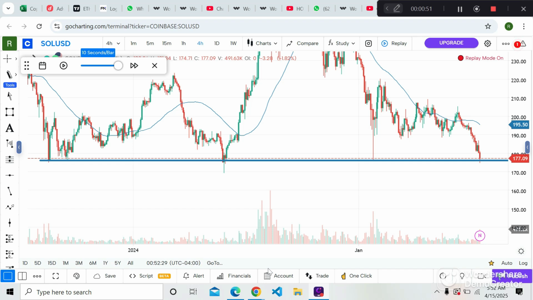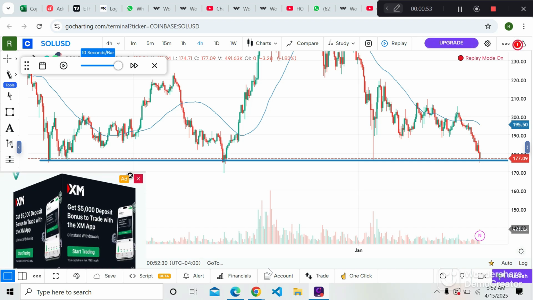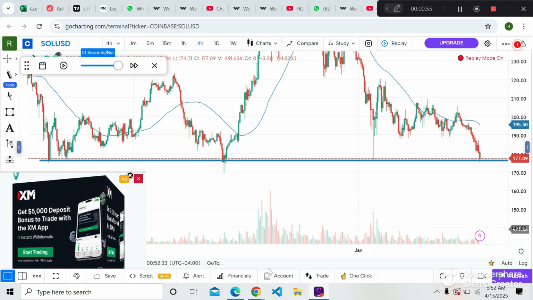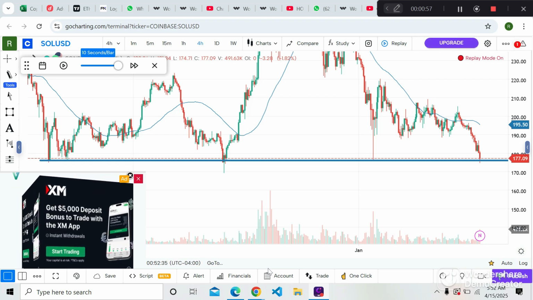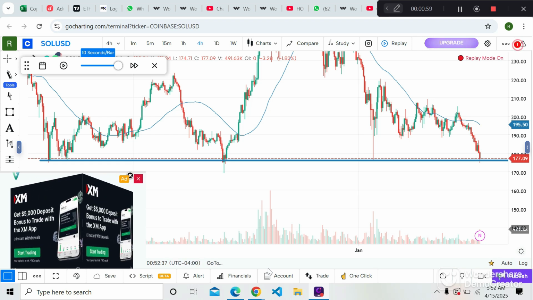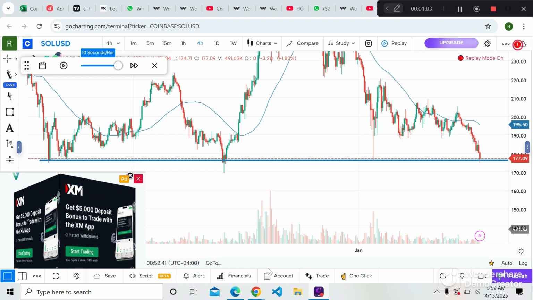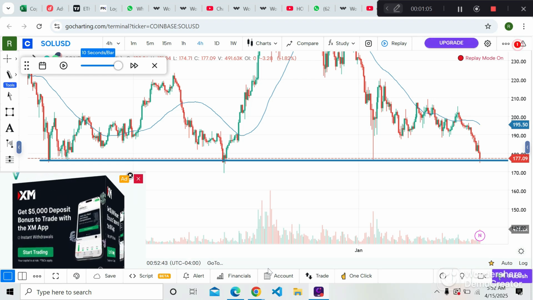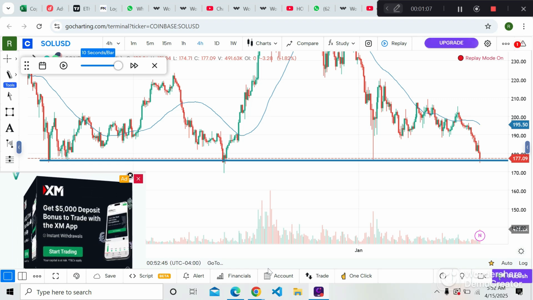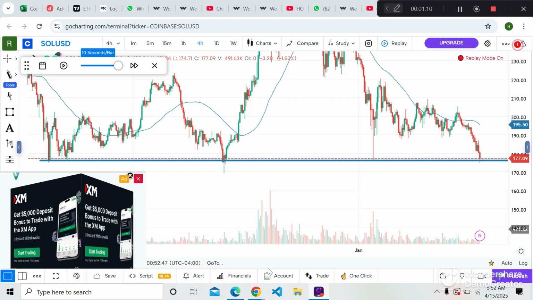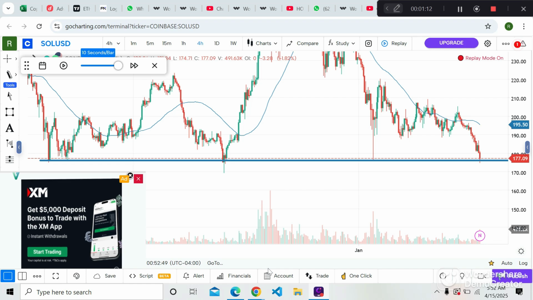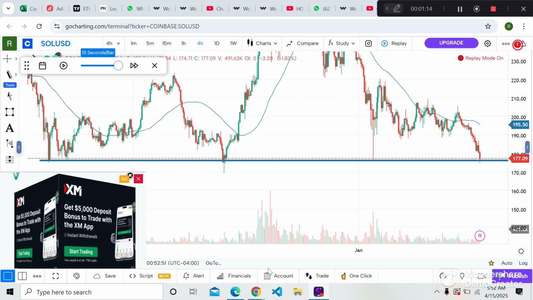You know what I told you about time frames when you are selecting setups. The higher the time frame, the stronger and more valid the setup could be, because the higher time frame shows the long-term potential, unlike the lower time frame.